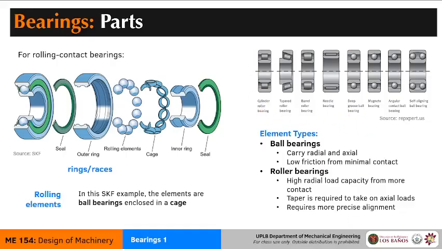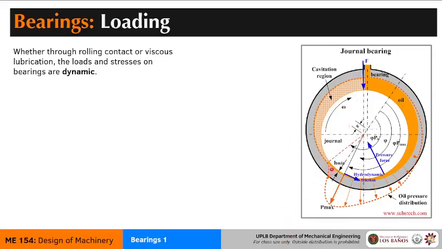Now let's talk about the loading itself when it comes to bearings. Because one of your races is rotating, even though you may only have a static kind of loading, that race will experience dynamic loading. So for example, in this journal bearing, the real look inside a journal bearing that's filled with oil is that sometimes there will be sections of the journal bearing that will have a lot of oil, and then there will be a section that has too thin an amount of oil, perhaps too thin for comfort.